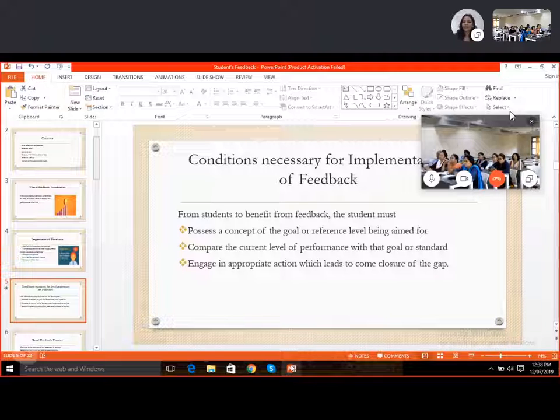Students should have a concept of the goal, they should be aimed at something. Then we have to compare the current level of performance with the standard level. Only then will the feedback be fruitful. And we have to engage in appropriate action which will lead to the closure of the gap.